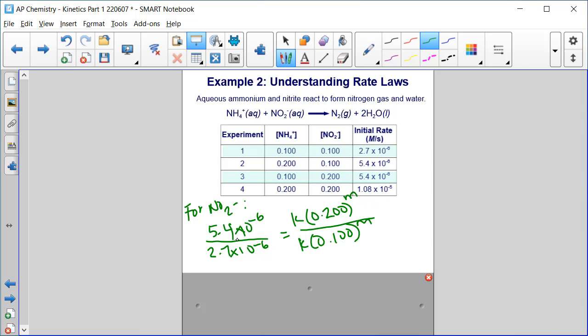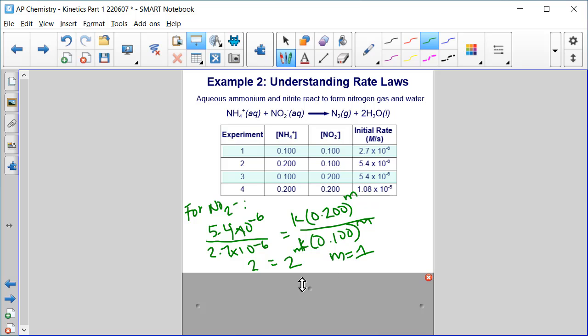So we look here. This is 5.4 divided by 2.7 is 2. And then this substitutes down to 2 to the M power. And in this case, M is equal to 1.